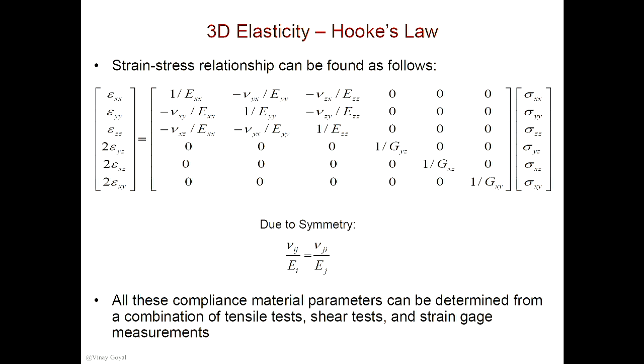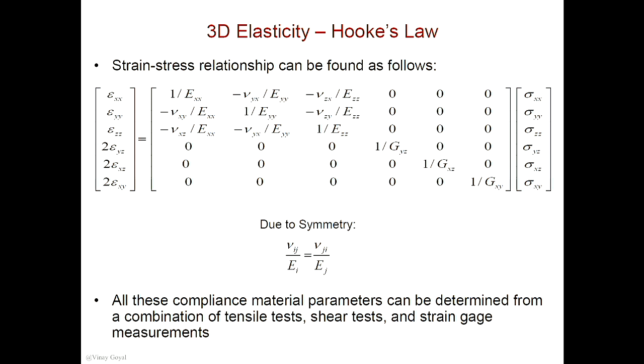If I have a lamina, EXX will be along the fiber direction. EYY is transverse to the fiber direction, so in this direction instead. EZZ will be the transverse direction, so the modulus measured this way across a ply. So if you have a bunch of plies stacked up, basically that direction. And then the shear moduli are also going to be directional.